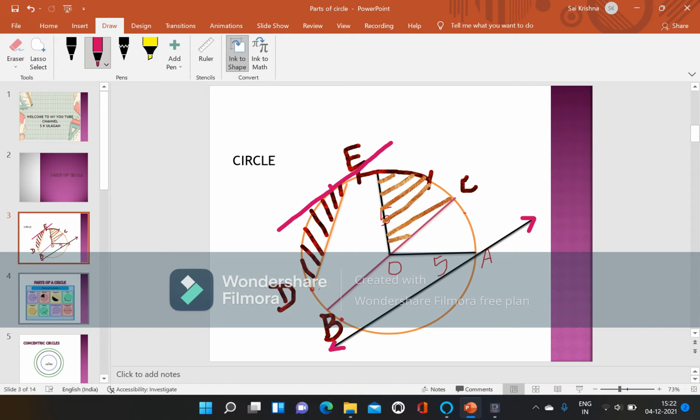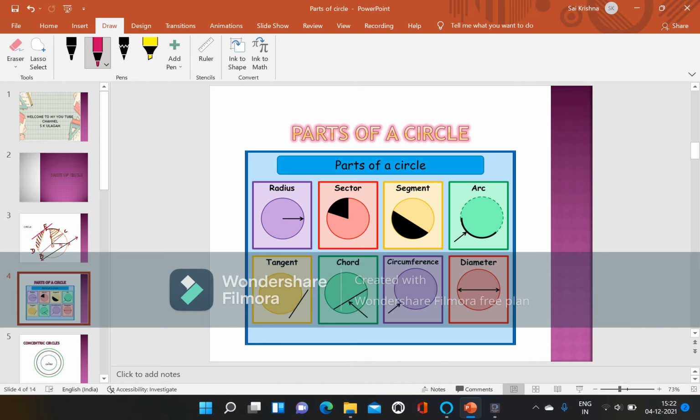So in the next slide we can see each part with a different figure. So radius, the distance between the center and any point on the circle. And the second one is the diameter, which connects the 2 points on a circle and passes through the center. The circumference is the outer length. The outer length of the circle is called the circumference.